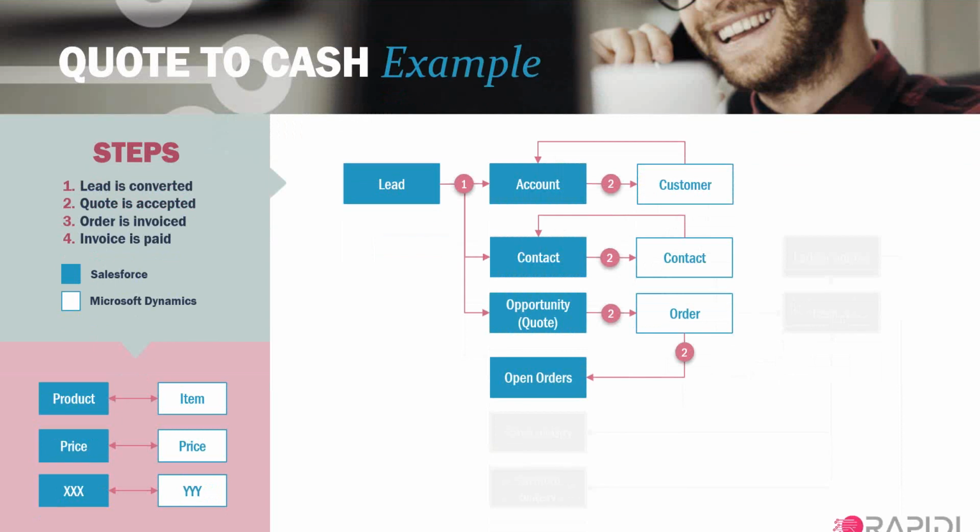Now I want to call your attention to the left lower box there, the pink box. The product to item, price to price, XXX to YYY. This is to illustrate that we don't have any issues. We can synchronize and integrate master data from either side. It can be sourced from either side and made present in the other side. The XXX and YYY, we don't have any issues working with any kind of customizations.